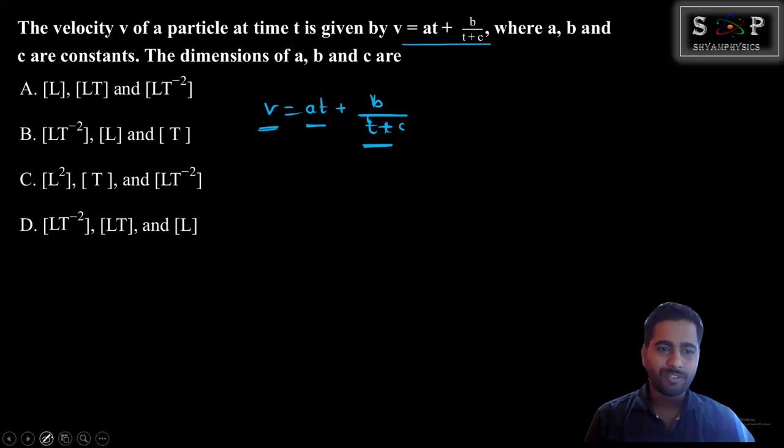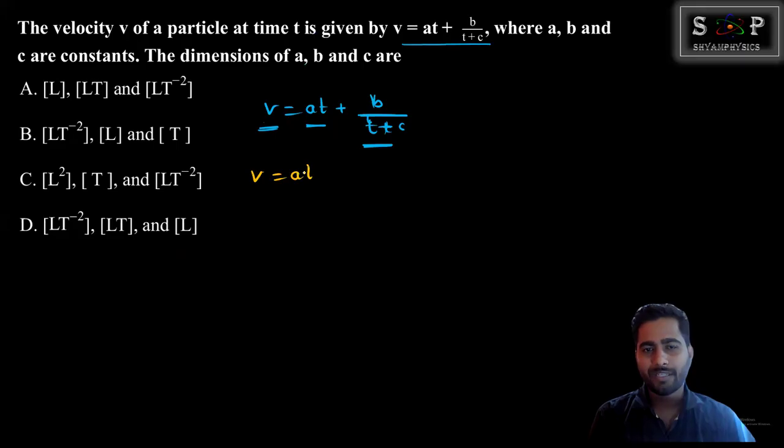I will choose the first term: V equals A into T. Now I want to calculate A, which means V by T. A is a constant quantity. V by time means acceleration. Simple. The dimension of A should equal velocity by time only: M^0 L^1 T^-2.